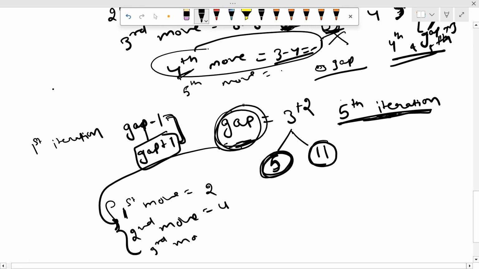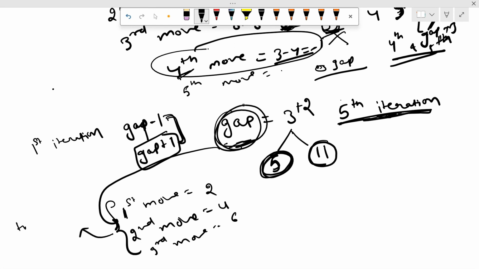In the third move, we can increase by 6, and these moves are all done. Means these moves have already been done.